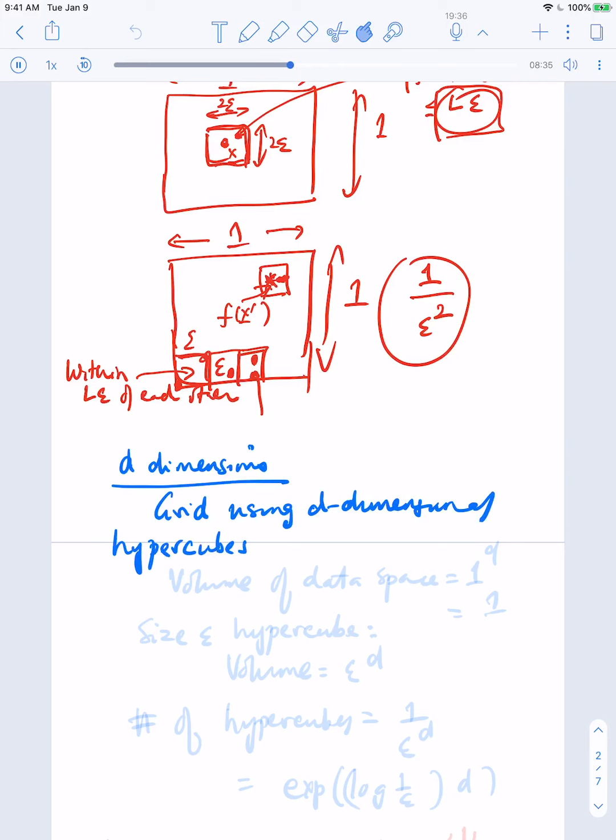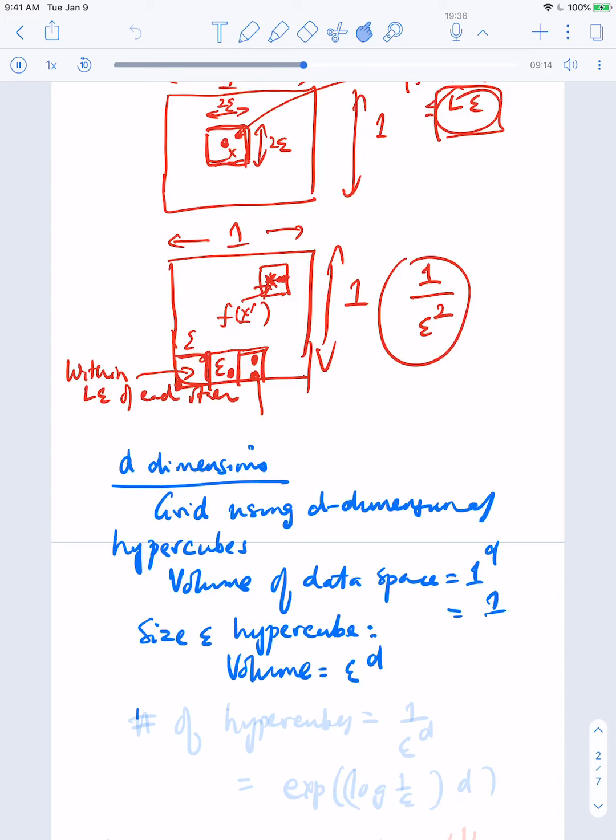And suppose your space is still of side 1 on each dimension, so the volume of the data space is this hypercube of side 1, so it's 1 to the d, which is 1, and I'm gridding using these little boxes of size epsilon. The volume of an epsilon hypercube is epsilon to the d, and now you see how things blow up, right?